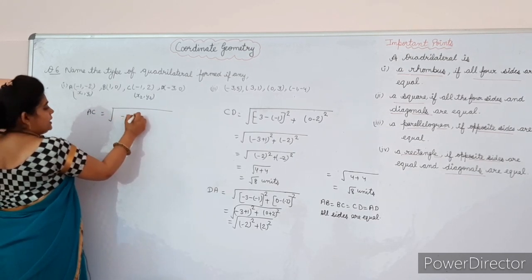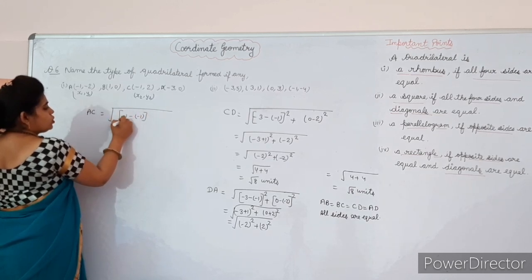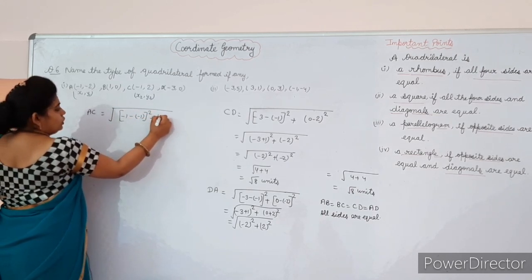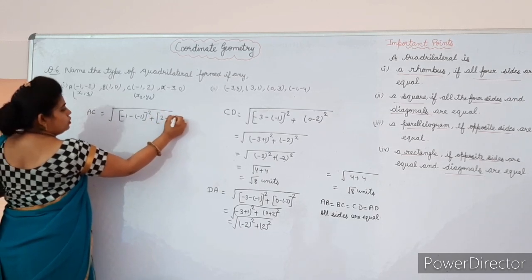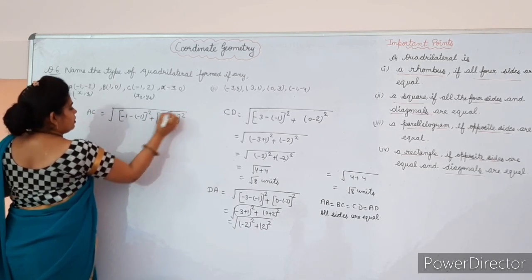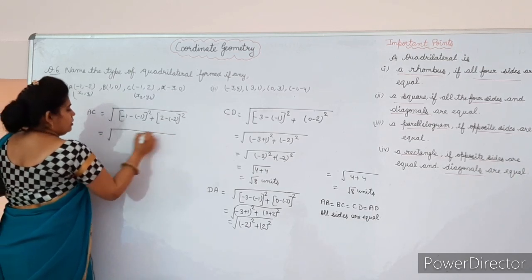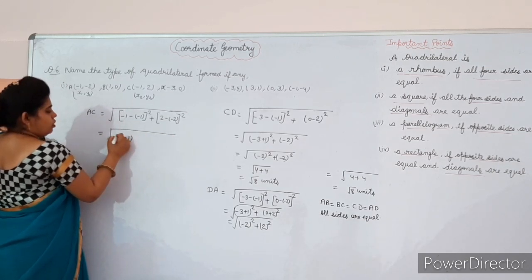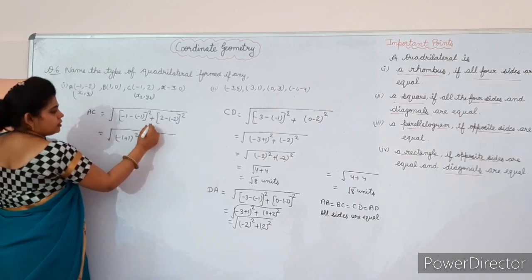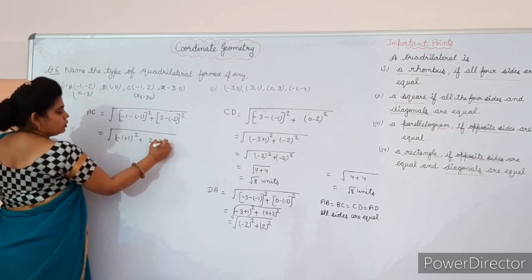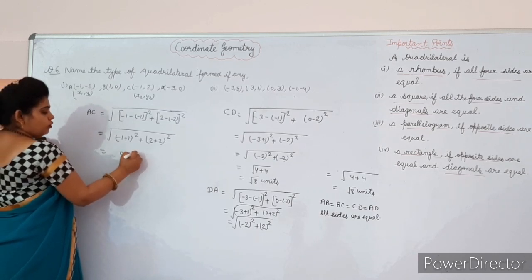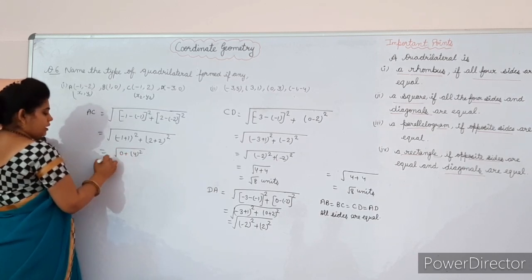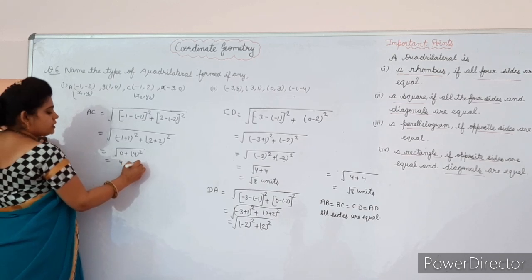Minus 1 minus 1 whole square plus 2 minus 2 whole square, minus 1 plus 1 whole square plus 2 plus 2 whole square. From here 0 plus 4 square and it will equal to 4 units.